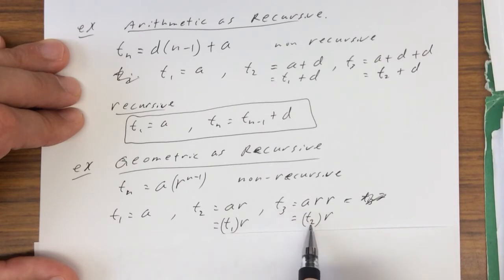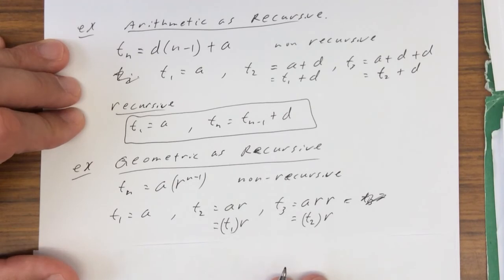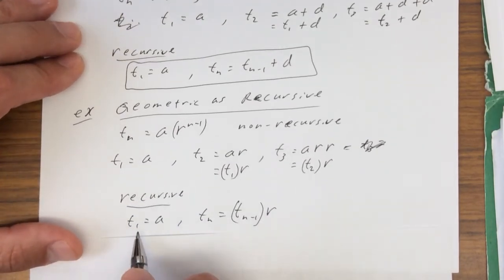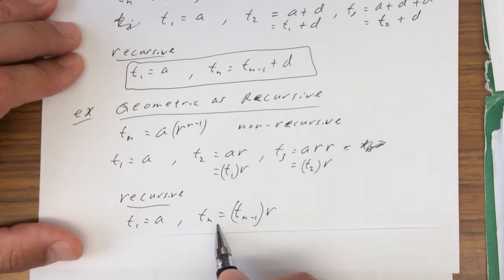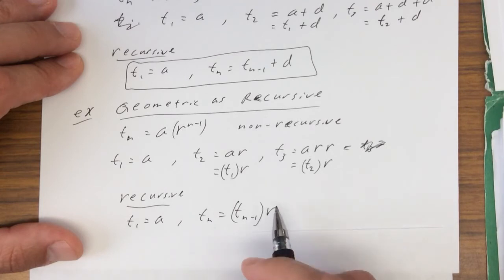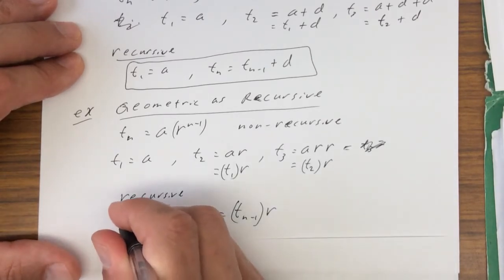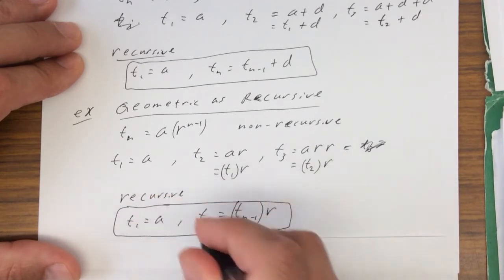The third term is the second term times r. You keep multiplying by r to get the next term. So the recursive definition is fairly obvious from there: t1 equals a, and tn equals t(n minus 1), the previous term, times r.